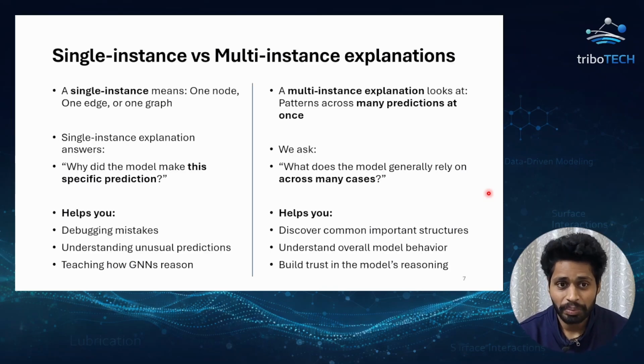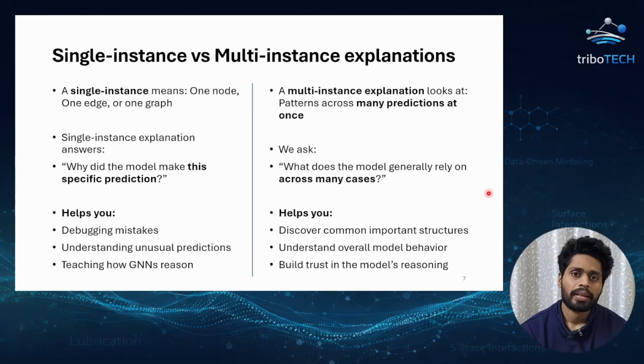So single instance means that the explainer is interested in one specific prediction, like it is asking why did the model make this specific prediction, right? Now this would be of interest to us when we are debugging mistakes in the model or we are understanding some unusual prediction that happened in the model or we are learning how GNNs basically reason, how our model is reasoning, right?